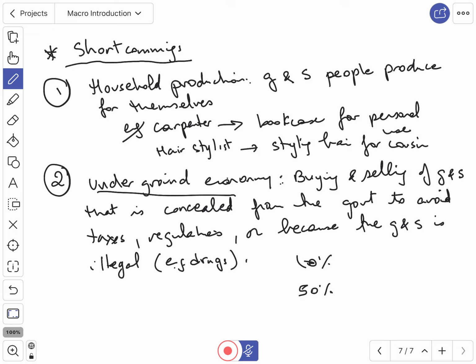So I want you to imagine that half of the gross domestic production is not reported because it's either illegal or related to an activity that is done in a hidden way so that people avoid paying taxes. Okay.